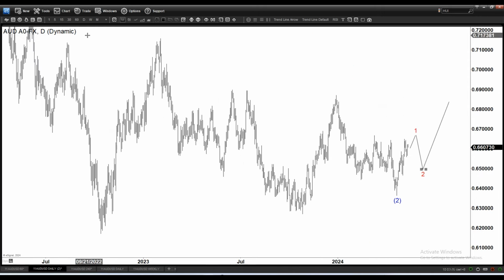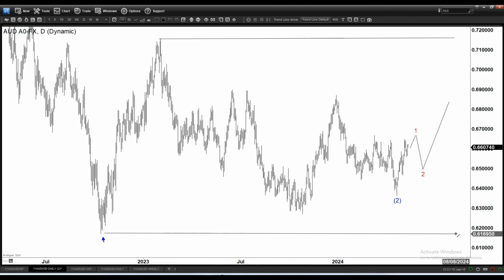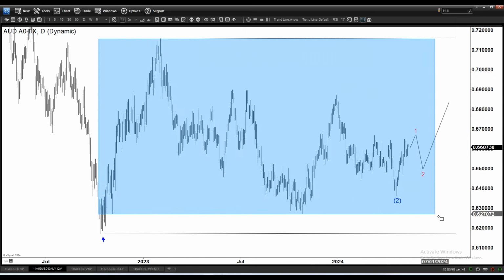Now if you look at the daily, it has been sideways since we bottomed in October 2022, and we basically are in this range since 2022, this upper end, this lower end, right? We've been in a range. We have not made a lower low or higher high within this range for 3 years.